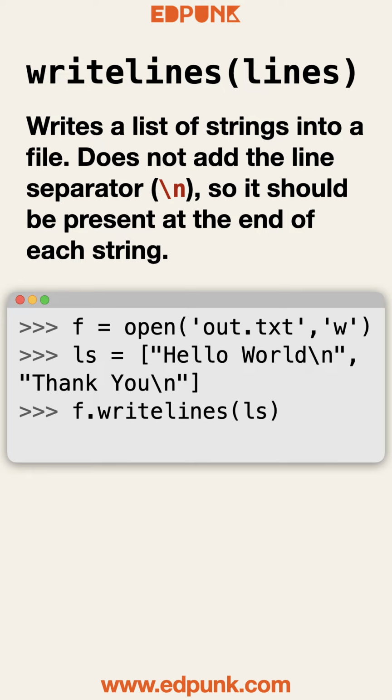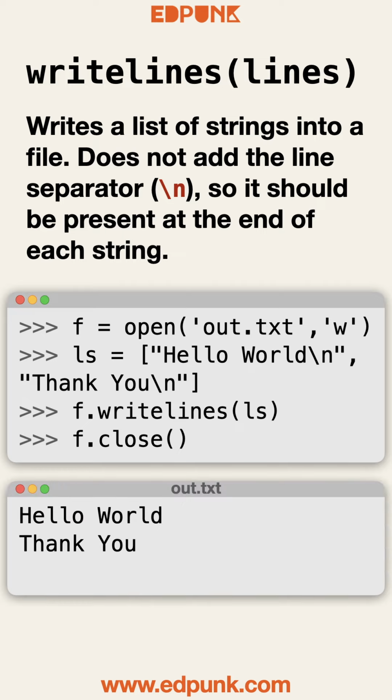Now, execute f.close() to close the file object. When we open out.txt using a text editor, hello world and thank you can be seen in two separate lines. There is also an empty line at the end, which is added due to the new line character at the end of the string thank you.